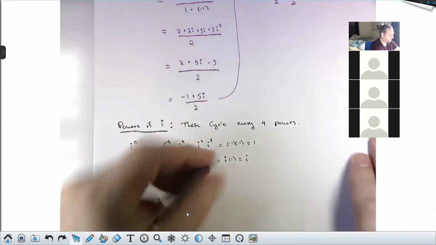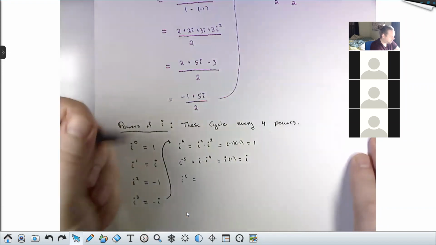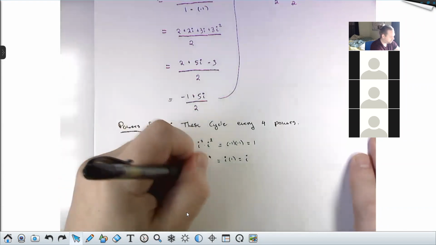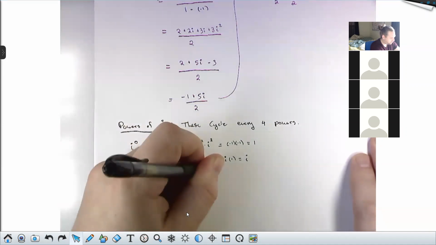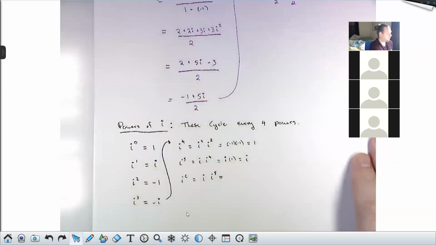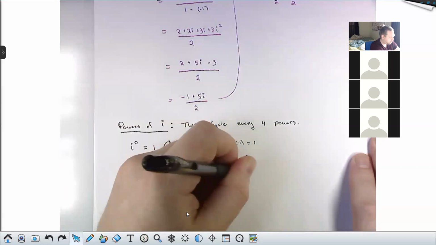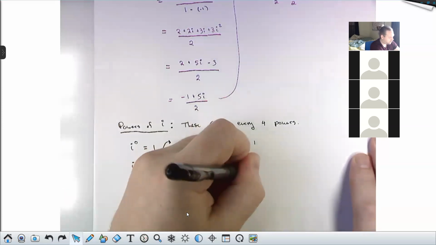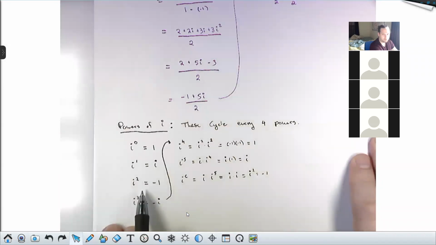I could say that this is i times i to the 5, or i cubed times i cubed. Let's write it as i times i to the 5. i to the 5 we just saw as i, so this is i times i. i times i is i squared, which is -1, same as i squared.